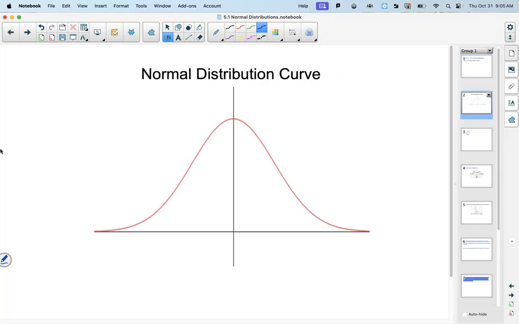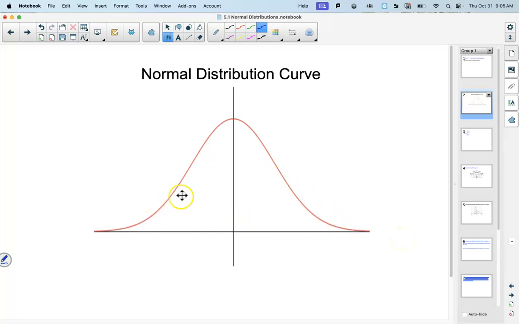Okay. A normal distribution is probably our most common type of distribution for a continuous random variable. It's symmetrical, but not only symmetrical, it's bell-shaped, right? We have a peak in the middle. It slopes to either side, okay?